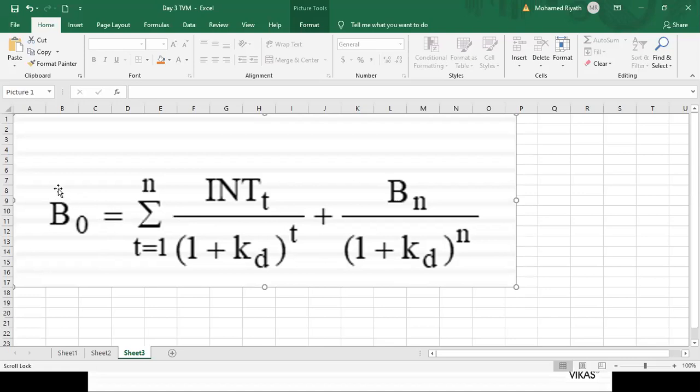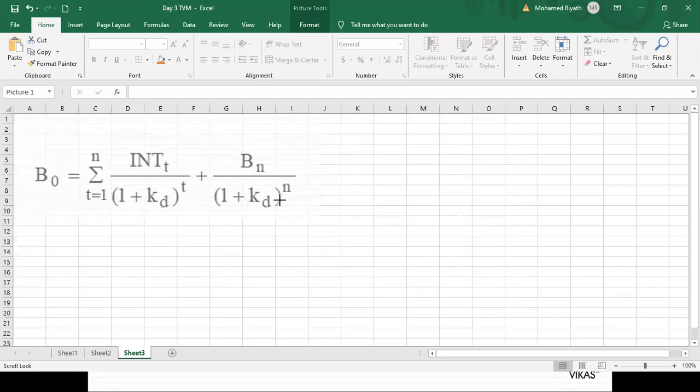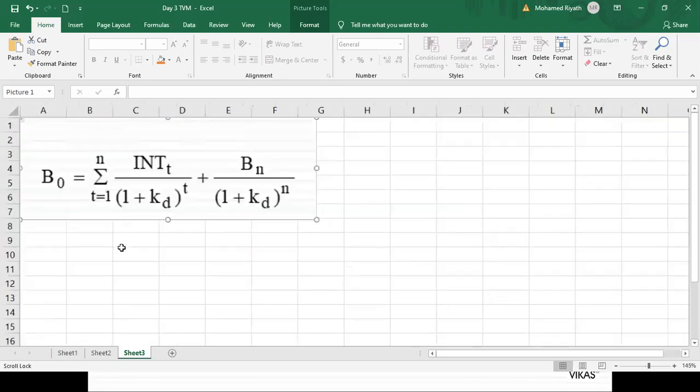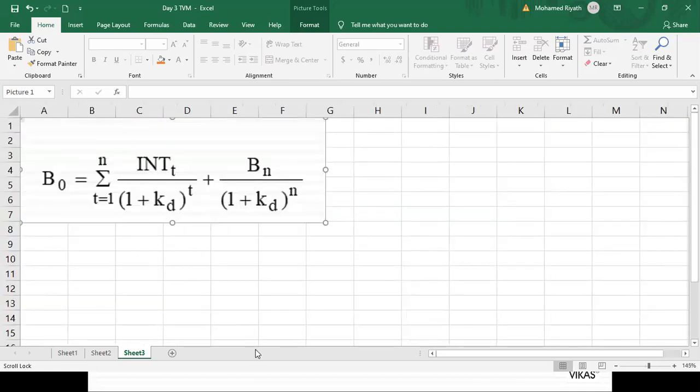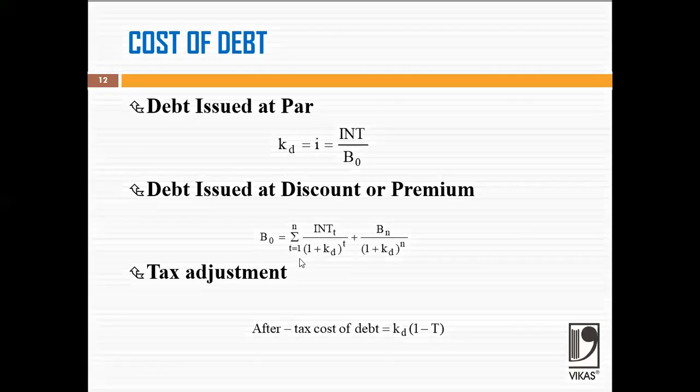So we can substitute V naught here, the interest payment here, maturity value here. Everything they will give except cost of debt. We have to work out to find the KD. Other than this, all remain the same, right? See the question.